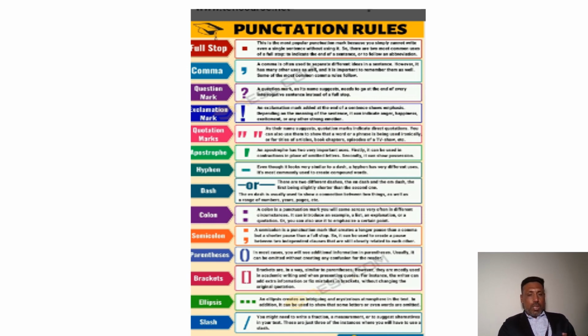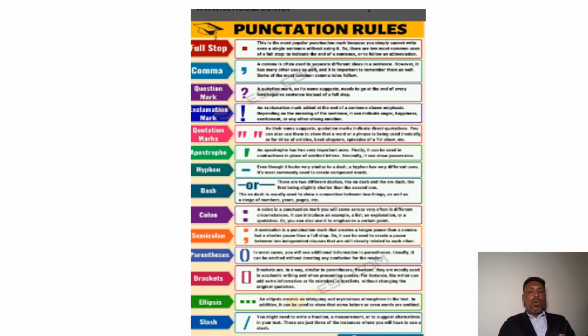Hyphen. Hyphen is also a kind of punctuation mark. Then there is dash, colon and semicolon. Most of the students are confused. You can see in between the word and the description, the symbols are given there.